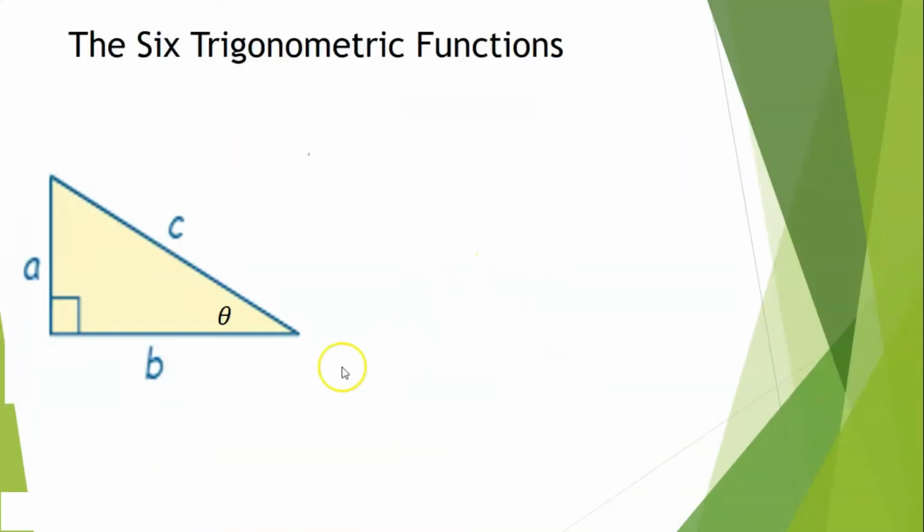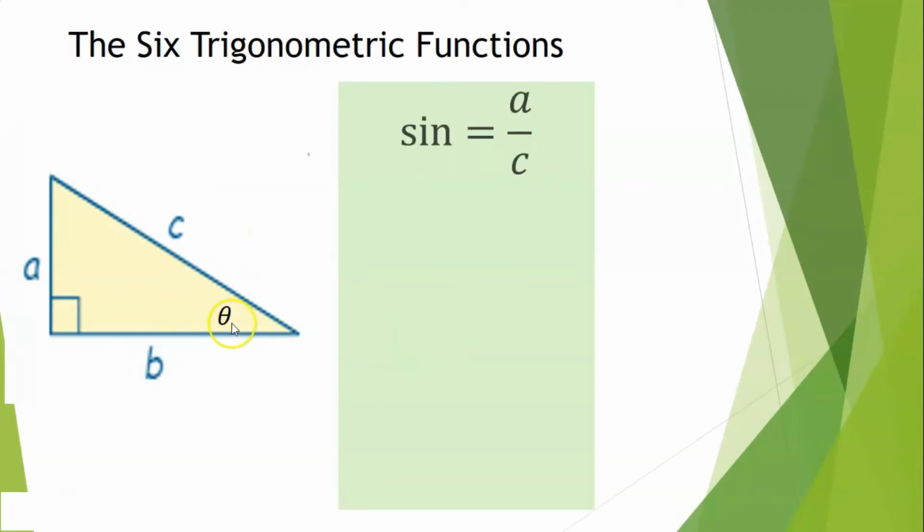Now, let's review the 6 trigonometric functions. So, given this right triangle, this is theta, this is side A, side B, and our hypotenuse C. So, given this, our sine theta would be opposite over hypotenuse. Cosine is adjacent over hypotenuse, and tangent is opposite over adjacent, from which we can derive the secondary trigonometric functions.